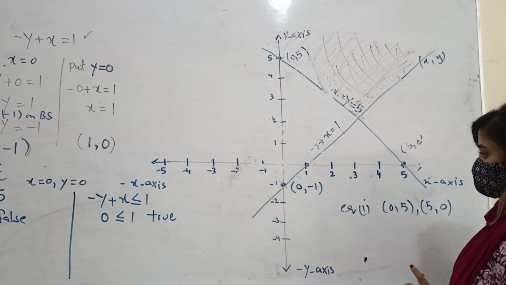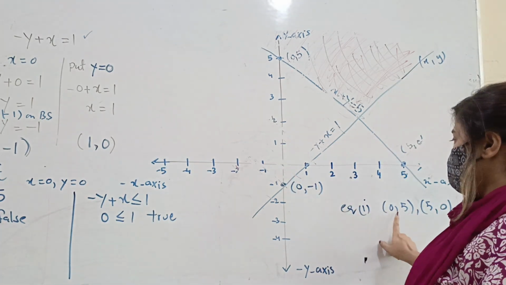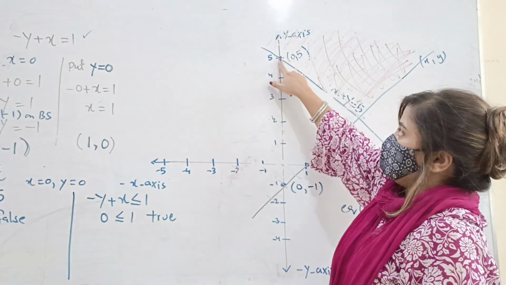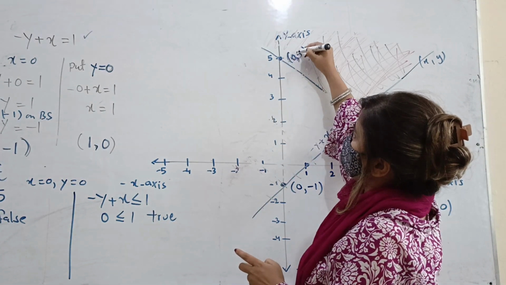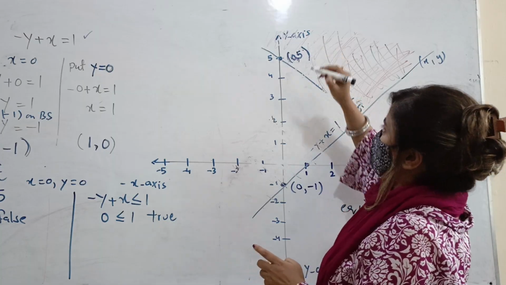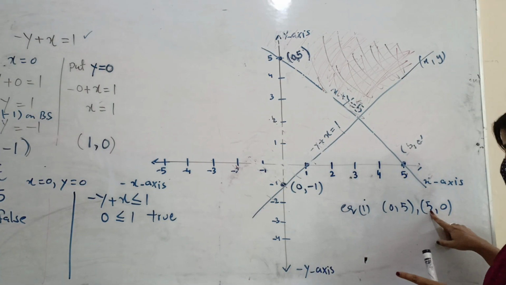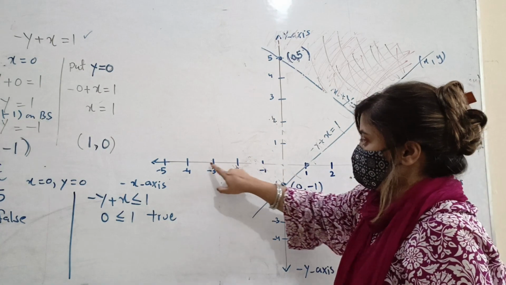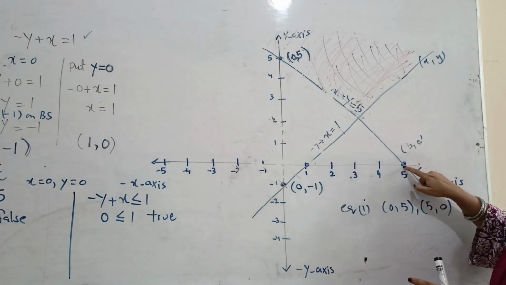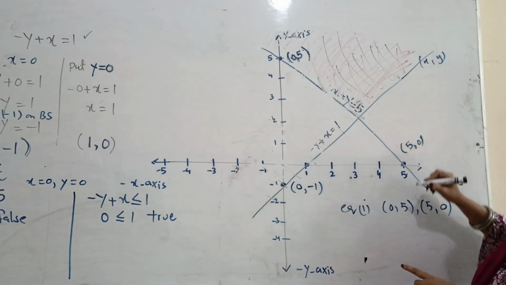Now x is 0 here, and 5 is here. So this is the point (0, 5). And afterward (5, 0): the x value 5 is here and the y value is 0 on this line. So this is the second point (5, 0).